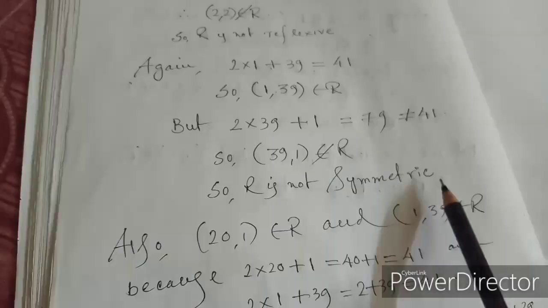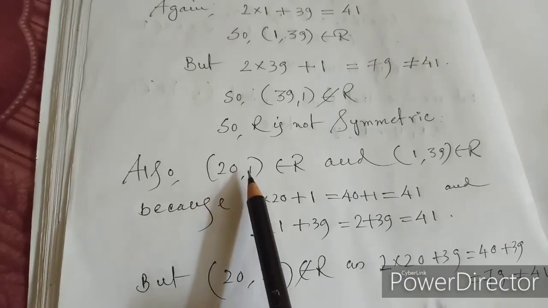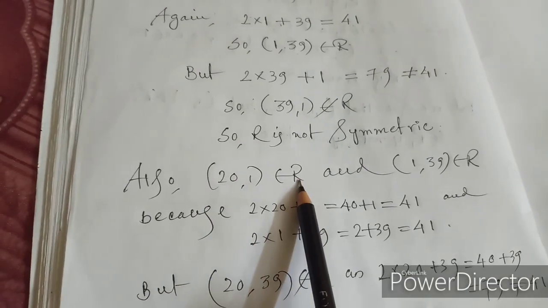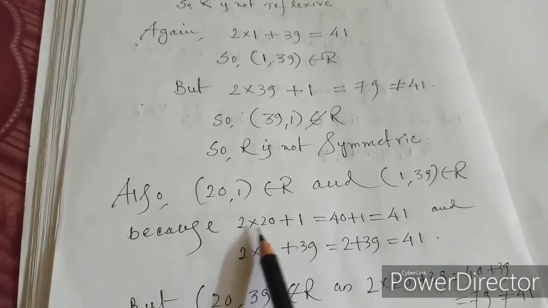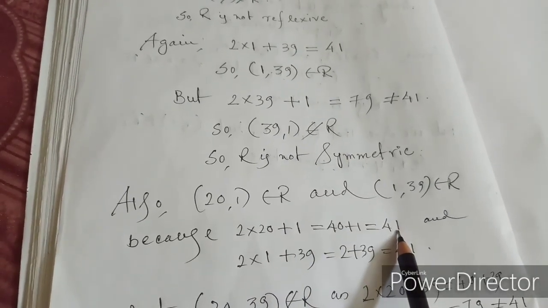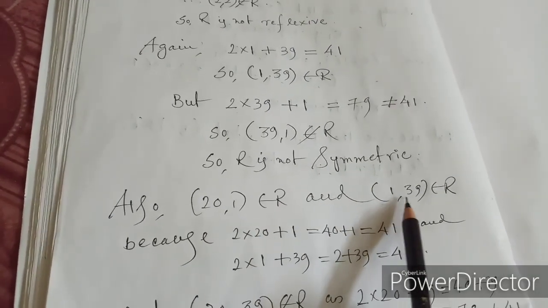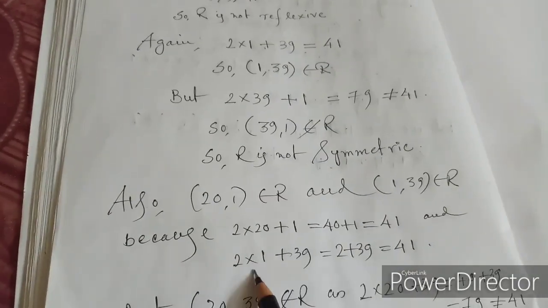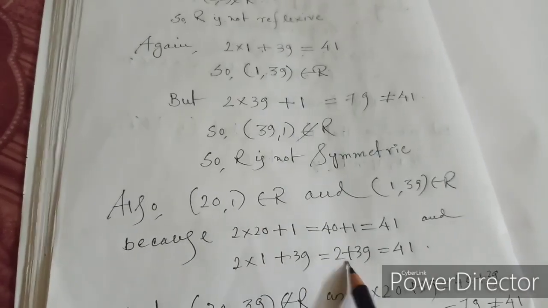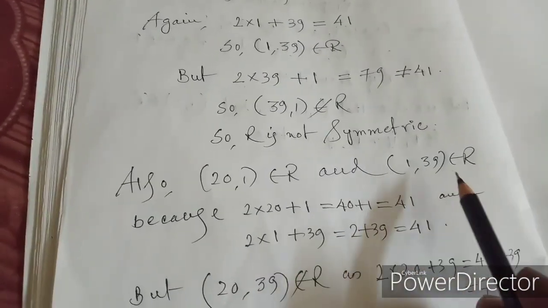Very good. Now for the next part: (20,1) belongs to R. Obviously, because 2 into 20 plus 1 is 40 plus 1 equal to 41. Again (1,39): 2 into 1 plus 39 equals 41, so (1,39) also belongs to R. What is the common portion?